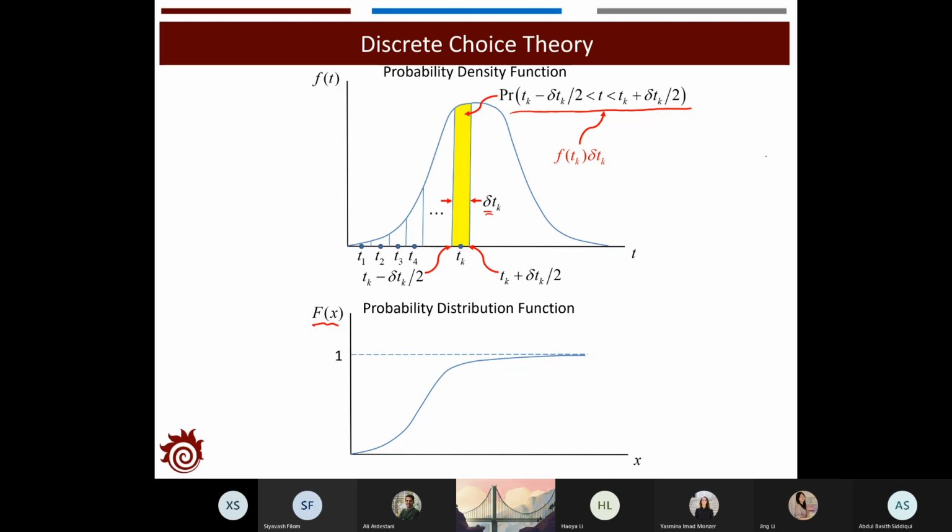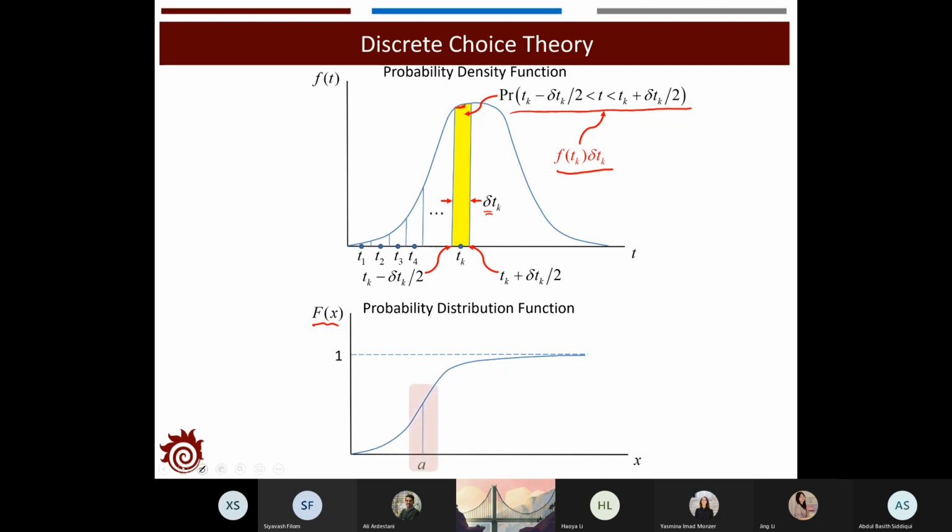As we discretize the distribution into small cells, we assume that the value of the PDF is constant in that cell. So this can be further simplified as f(Tk) times delta Tk. So it's just the area of this yellow region.